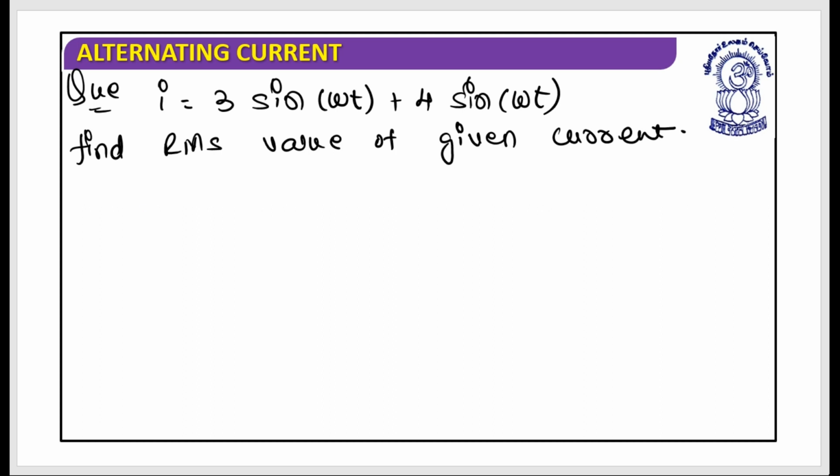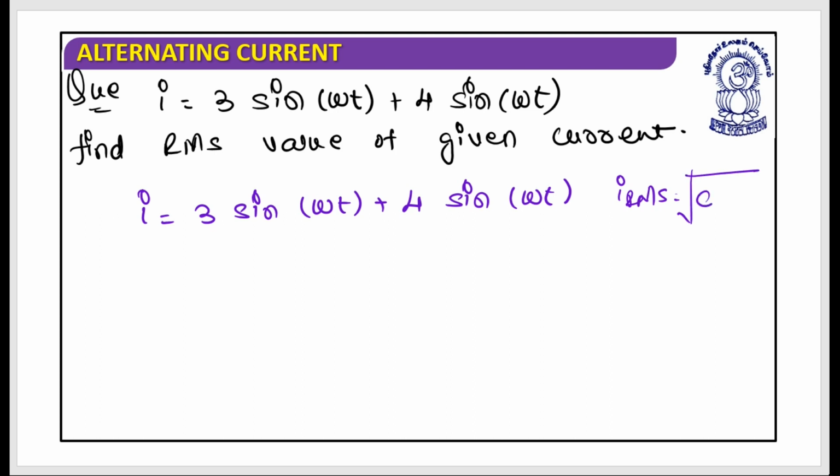So I have I equals 3 sine omega t plus 4 sine omega t. Do not get tempted by IRMS equals root of a square plus b square by 2. No, this is not going to work for us. Look at this carefully. They say 3 sine omega t, and even this is sine omega t.